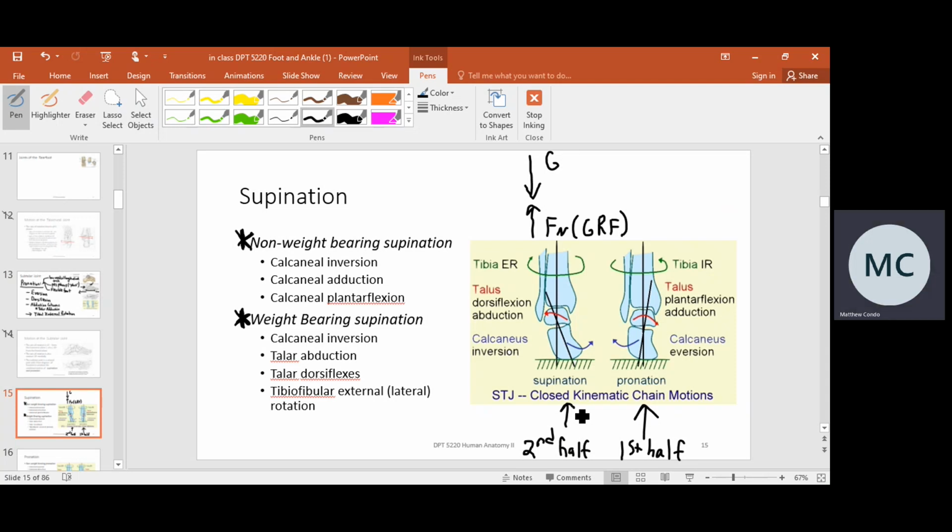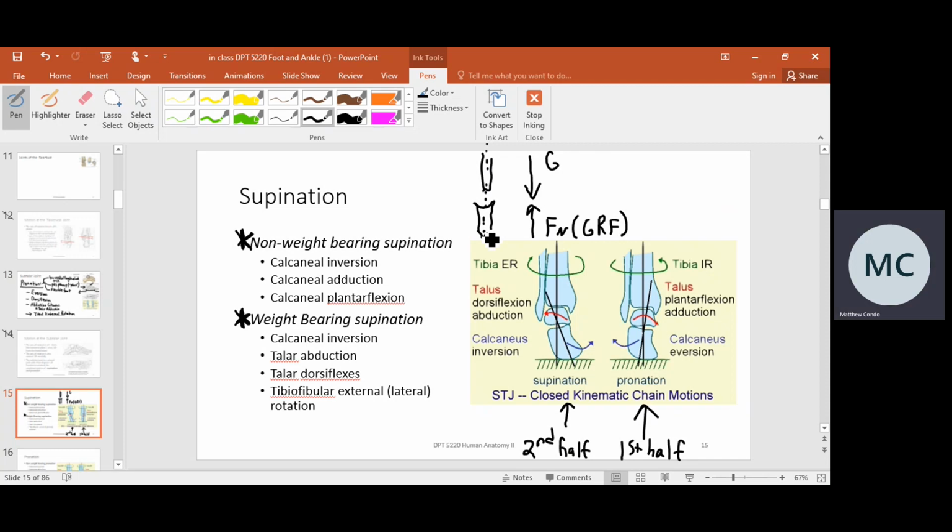Because when I am standing up straight, I'm able to take that gravitational force and put it straight through the bone, right? And this is my tibia and this is my femur. That force can go straight through the bone. Therefore, I can use that during the push-off phase of gait and I can push off of a rigid lower extremity.